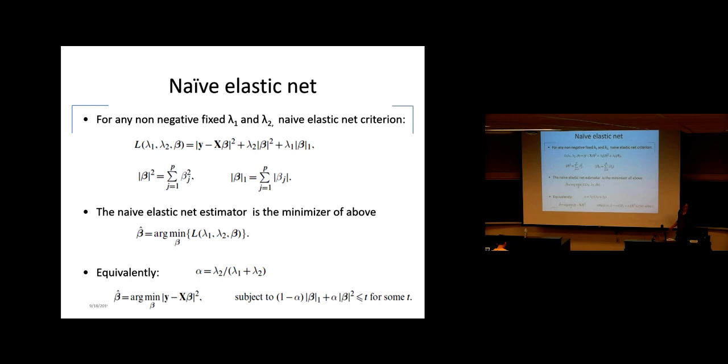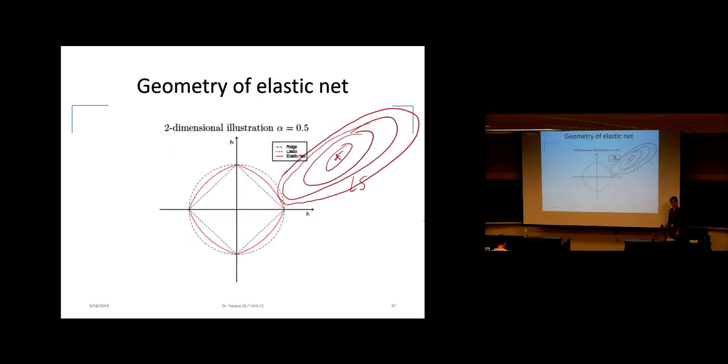And then what do you get? This is a geometric view in a two-dimensional case. This is the diamond, from the L1 constraint, and the circle is from the L2 constraint. And the elastic net, in this naive half-half version, is really just this slightly more oval shape, but not totally oval. This is the constraint the elastic net adds.